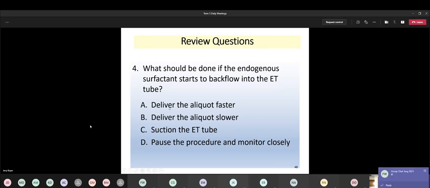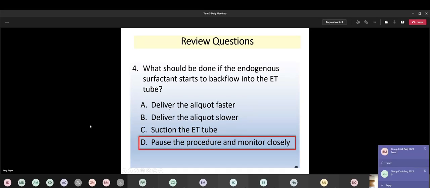Should we give that aliquot slower? So in other words, you're instilling, or adding the surfactant, and you're delivering it into the ET tube, and it's just coming back out. It's like backflowing, meaning that it's not really absorbing fast enough.